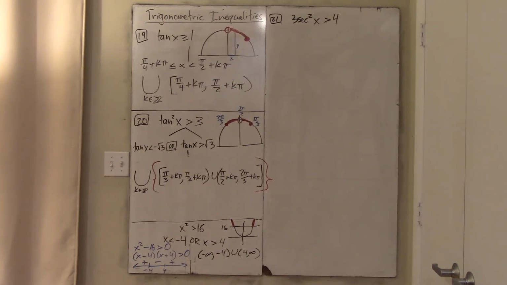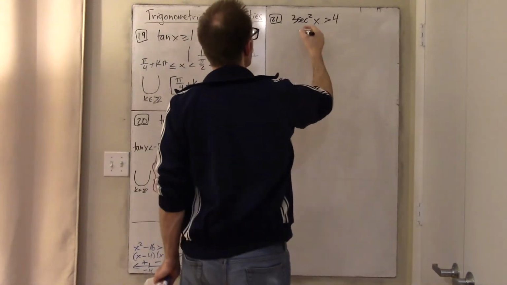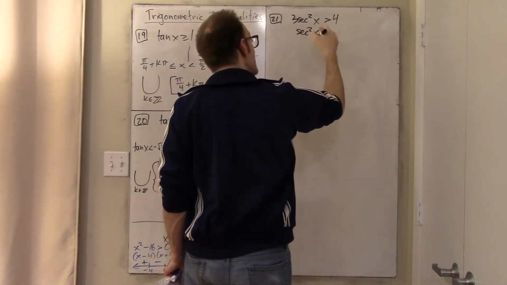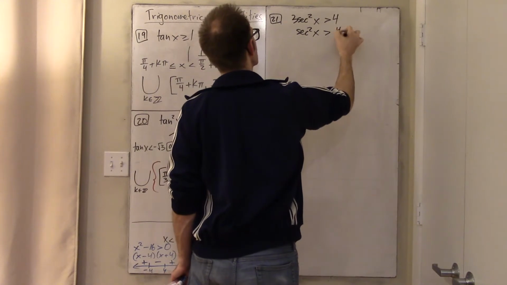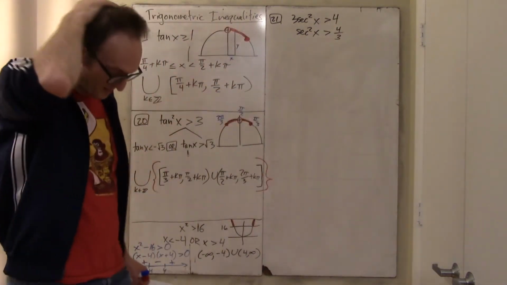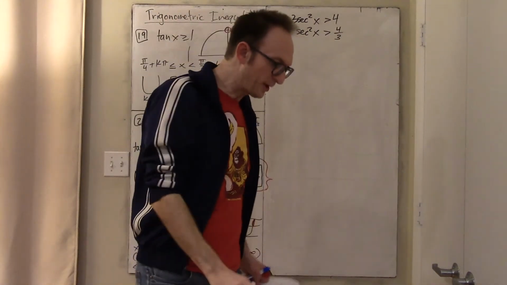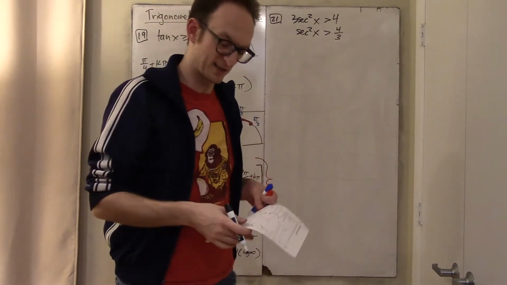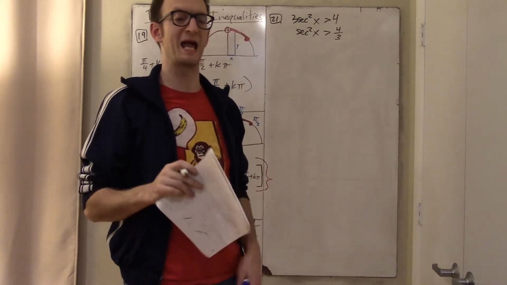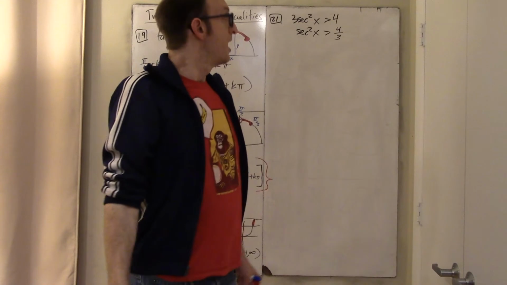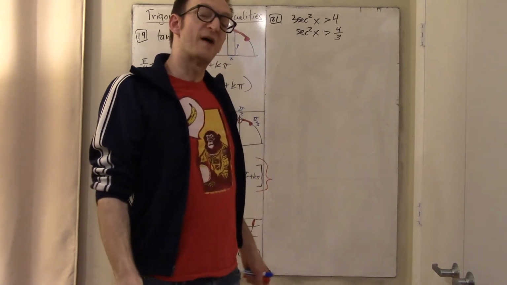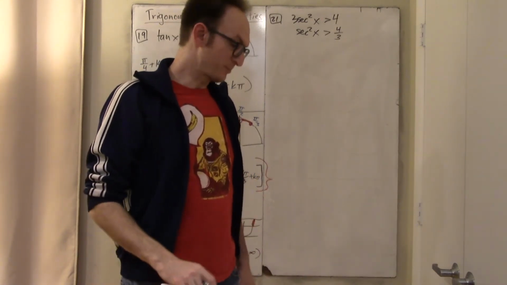Well, maybe first I would just do some stuff. So, I'll get secant squared x is greater than 4/3. At least I can do that. That got a little bit better. And what's very annoying here is that I don't like secant. It's confusing, it's weird, I can't draw it on the unit circle. It's undefined in certain annoying places and stuff like that.